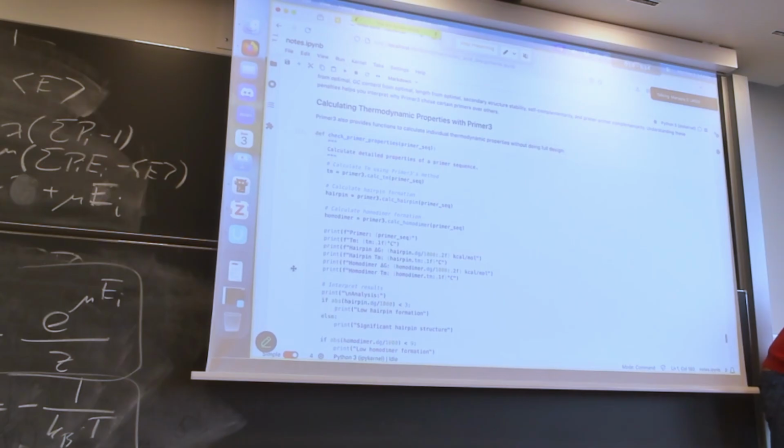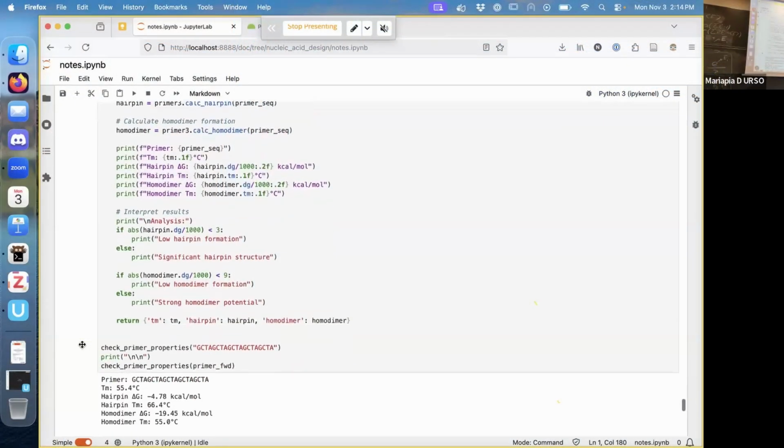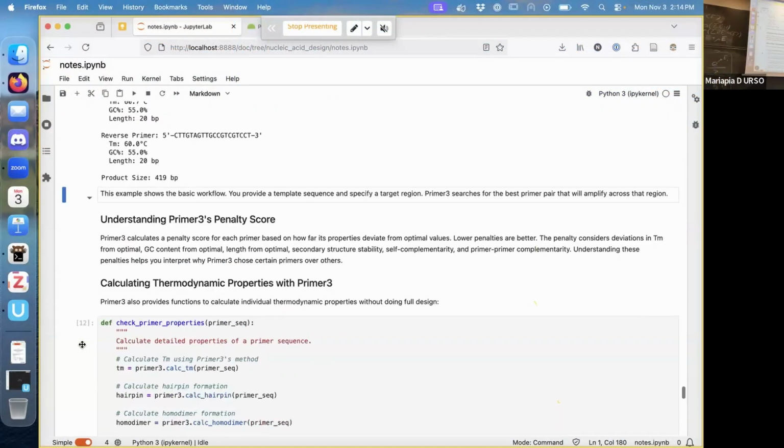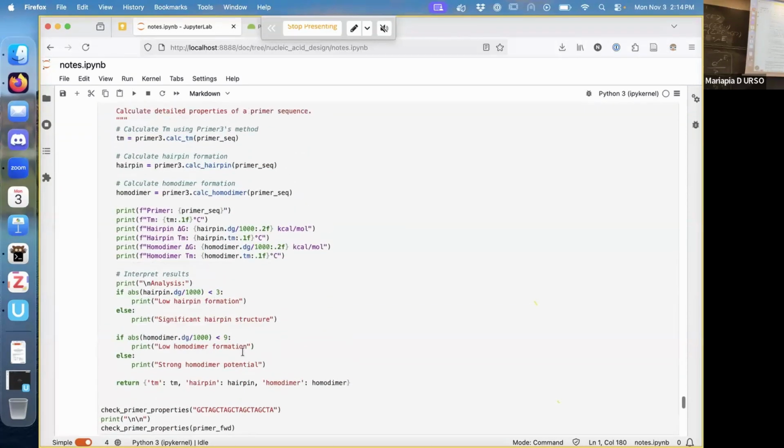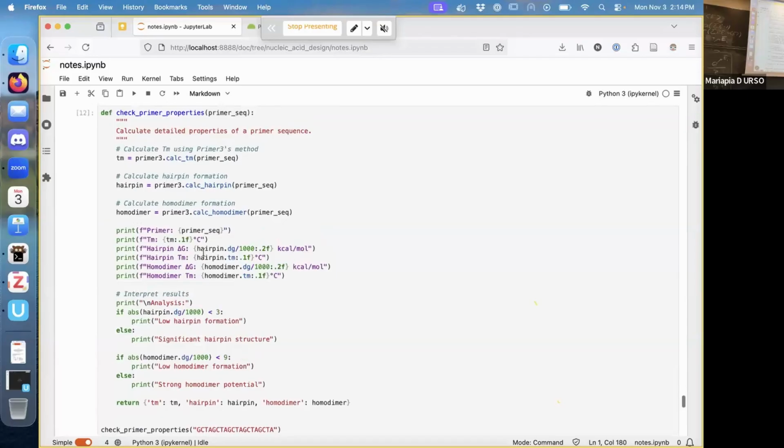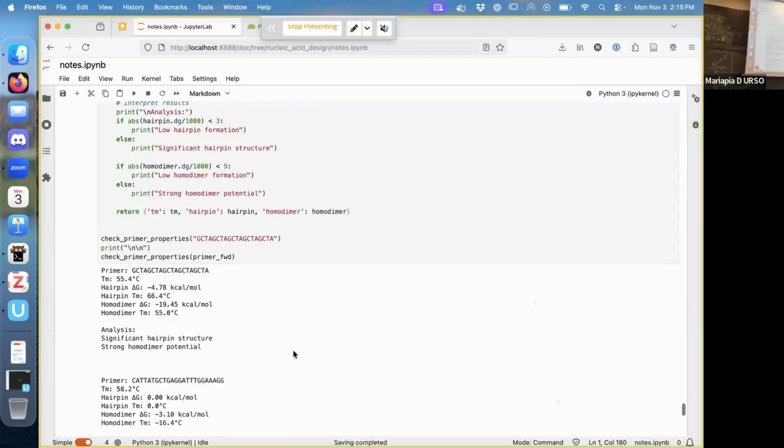Right, and this is almost everything that I want to tell you. Just like you can design your primer with Primer3, you can also inspect a primer that is given to you. So here, for example, is a small thing that checks a primer: hairpin formation, delta G, hairpin formation, homodimer, delta G. For this specific one, it tells us that there might be a problem because we have a really small energy, so a homodimer is really likely to happen.